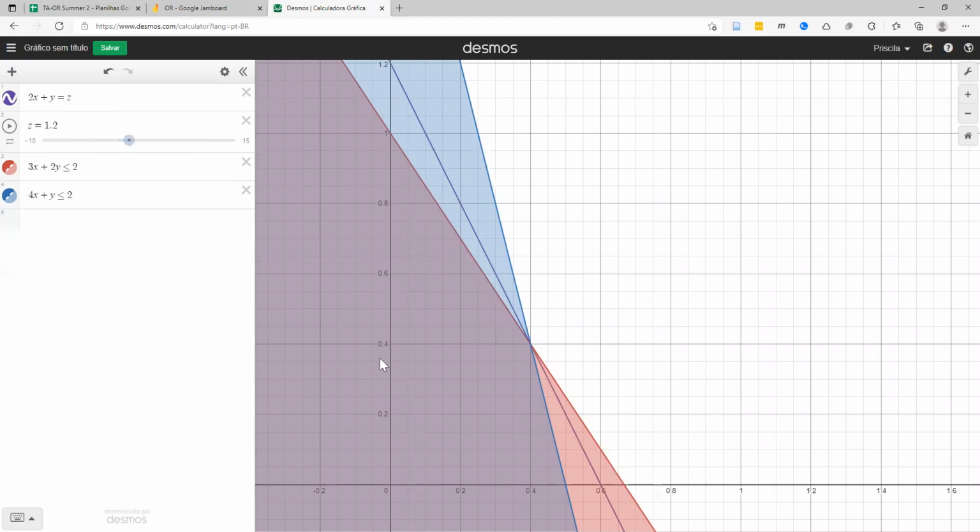So it's not where the constraints intersect with the axis, but at this little point over here. So now we know what the optimal is.